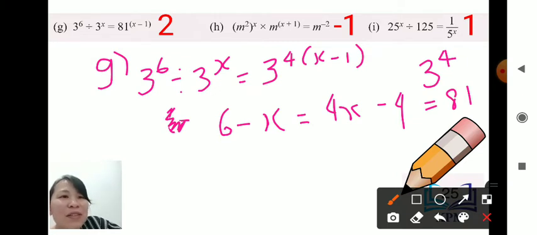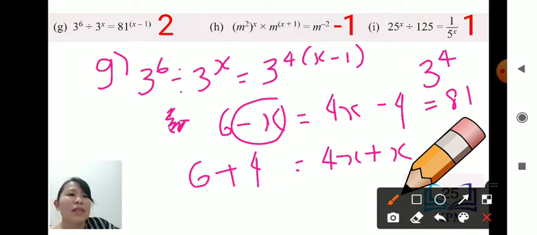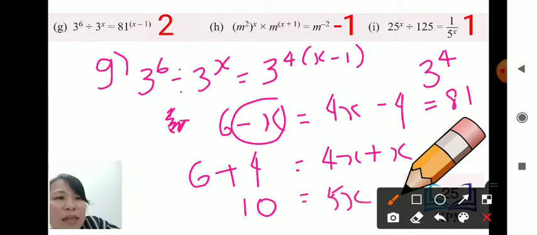Alright, so you move all 4x, you move it there, so it becomes plus x. Okay, 6 plus 4, so 10 is equal to 5x. So x will be equal to 2. My handwriting is getting worse.